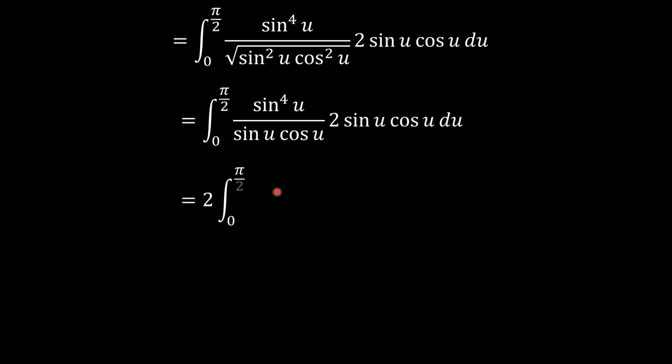So you have 2 times the integral from 0 to pi over 2 of sine to the power 4u. And so that sine to the power 4u is the same as sine squared u times sine squared u.